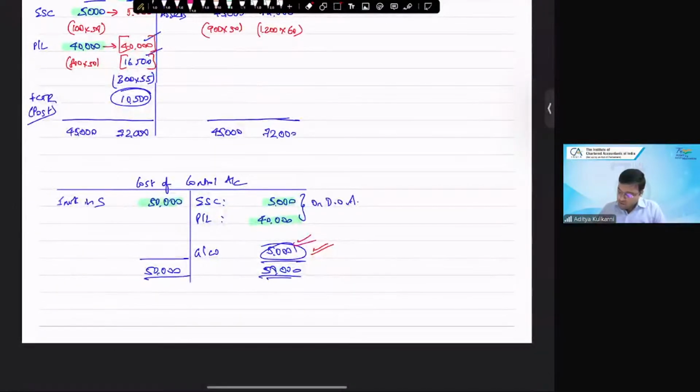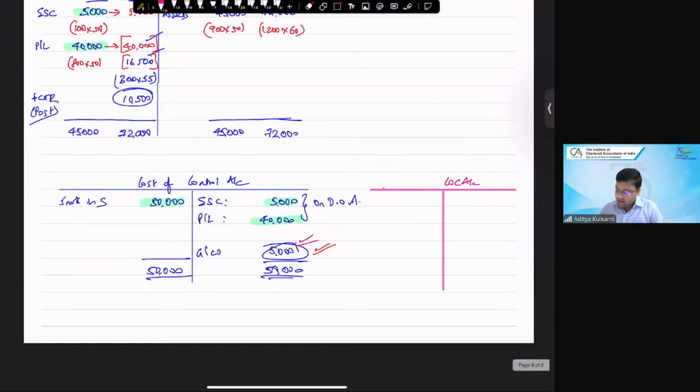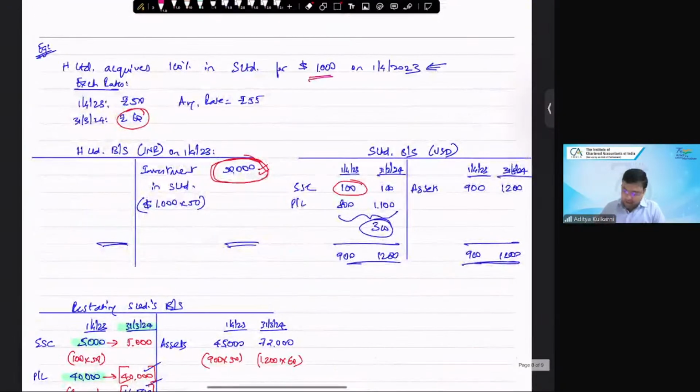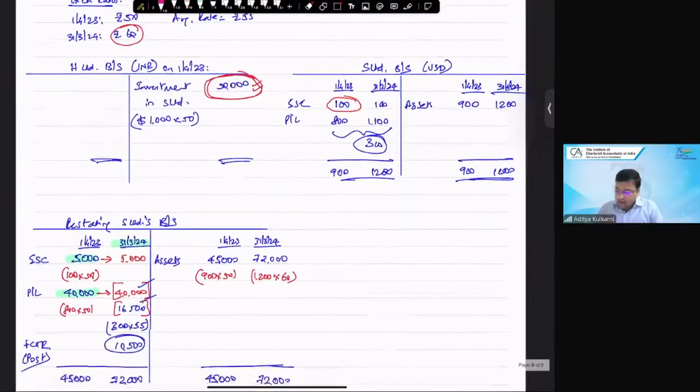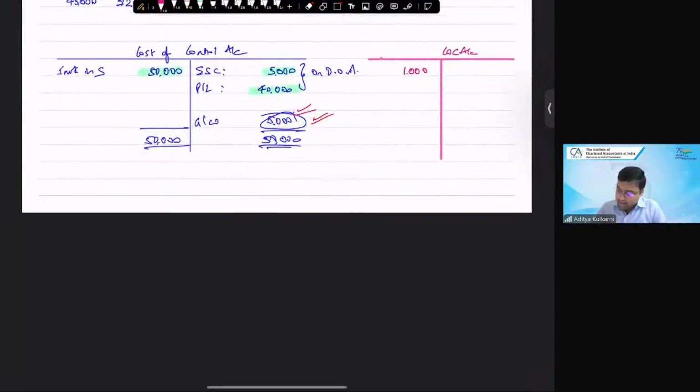So if I prepare this COC account in dollars, I'm just doing a calculation. I paid $1,000 for acquiring a company that had 100 plus 800 in equity capital. Equity capital 100, P&L 800.